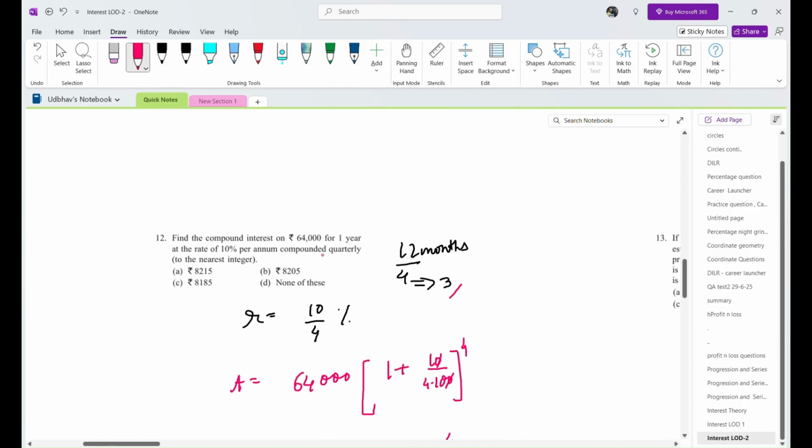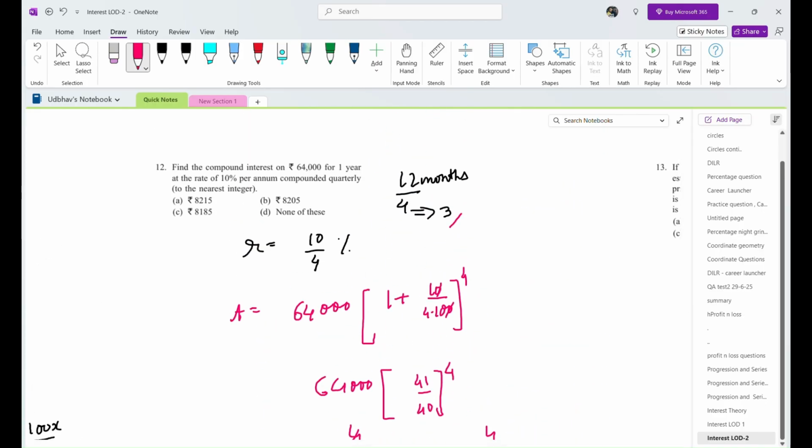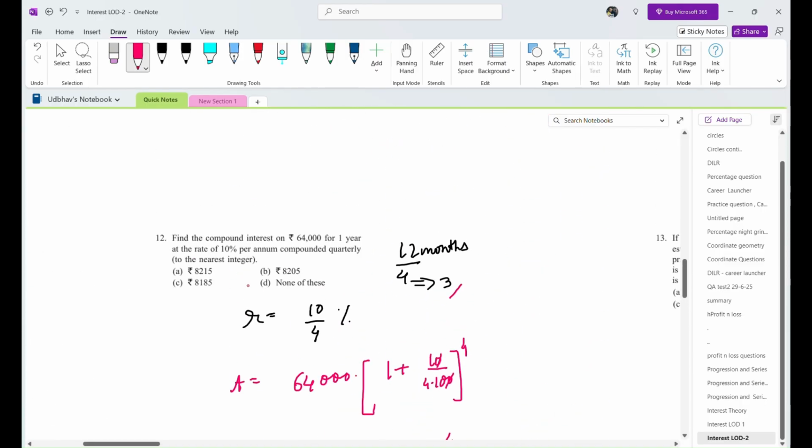This is the amount, and we have to find the compound interest. So interest is amount minus principal. So it comes out to be 6,440.25. So none of these.